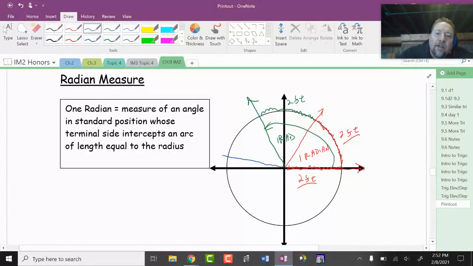Right around 3 radians was like right here. And we could do this by measuring. We could actually get a tape measure, maybe a tape measure that bends, and then measure 2 feet again here. And this is where you would be at the circle. So this is another radian. This whole measure from here to here is 3 radians. So on and so forth.